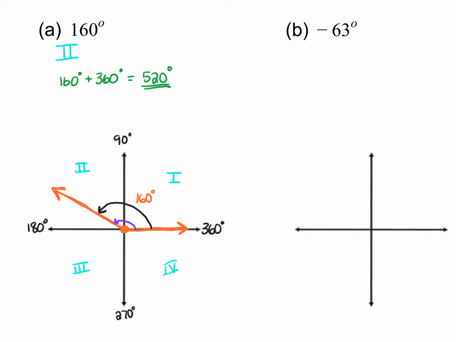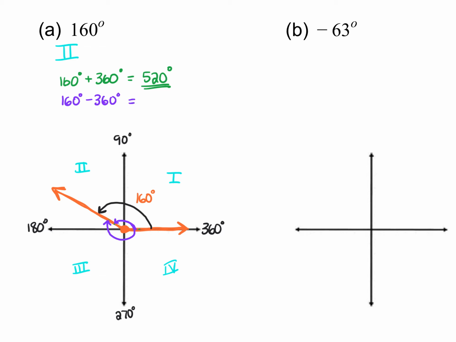So I'm actually going to reverse direction and stop at the same terminal side. Okay, so I started out with 160 degrees. But then I rotated from there backwards one full rotation. So I'm actually subtracting 360 degrees from that initial rotation of 160.